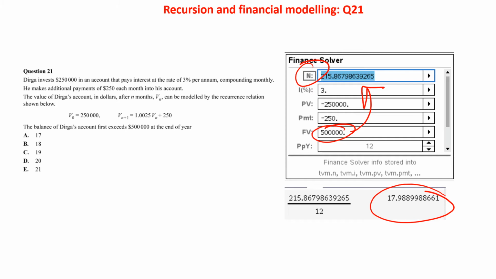As we can see, by the end of year 17 it's just below 500,000, and just before year 18 it reaches 500,000. So by the time it reaches year 18, it's going to be above. So for the balance at the end of the year, I would say the answer to that one is 17. Let's see if that's correct or not, but that's how I would do that question.